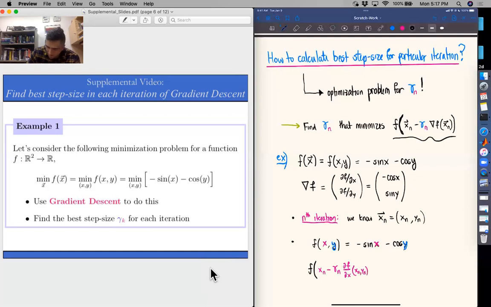That's the first component that we're putting into the x place. In the y place, we're putting yn minus gamma n, again that's the unknown we're solving for, times partial f, partial y, evaluated at that previous guess, xn, yn.